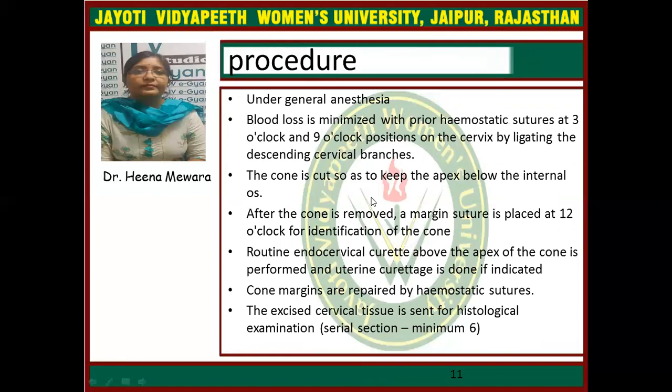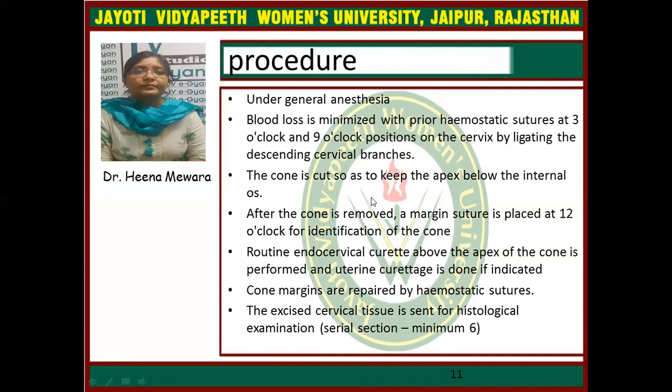Now, the procedure of cone biopsy. It is done under general anesthesia. The position is lithotomy, and after the insertion of Sims speculum, the anterior lip of cervix is held with volsellum.